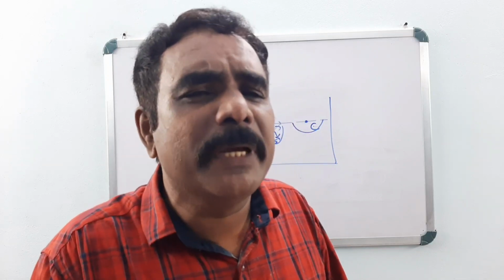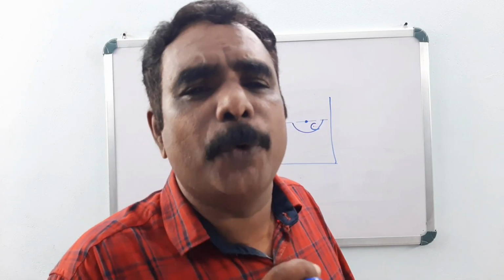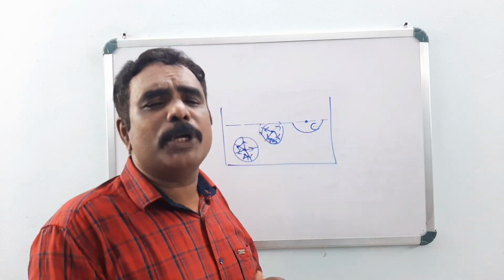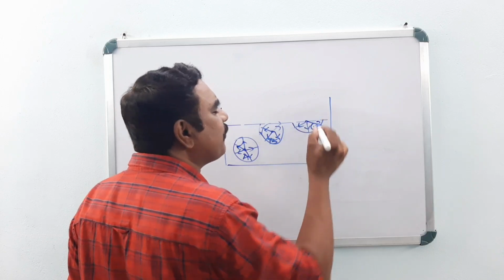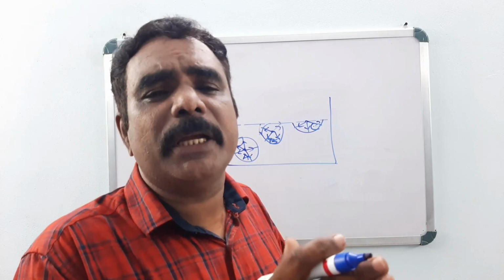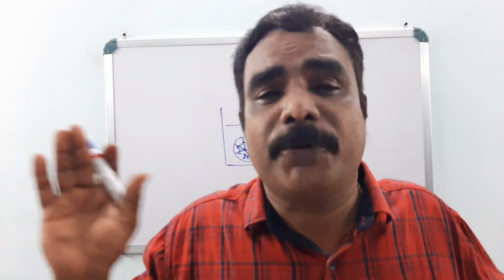So the molecule B does experience a little force downwards. But for the molecule C, the sphere of influence is half inside the liquid, half outside. So there is only net downward force. That means on the free surface of a liquid, all the molecules experience strong downward force.